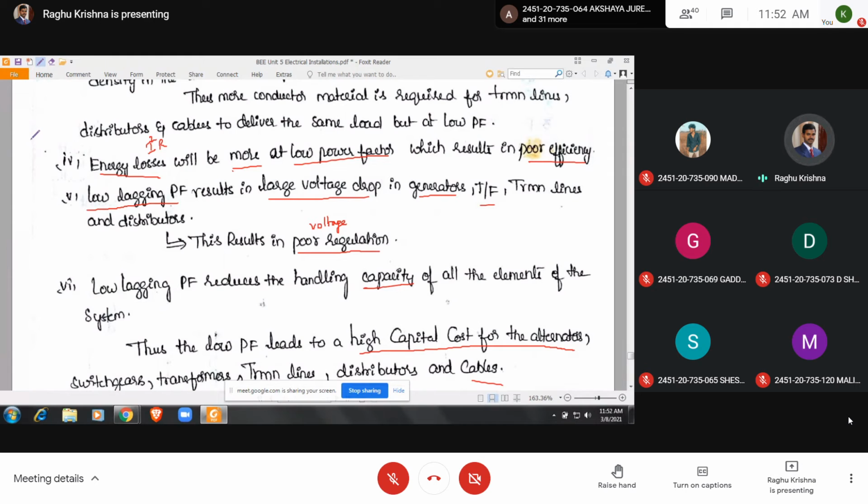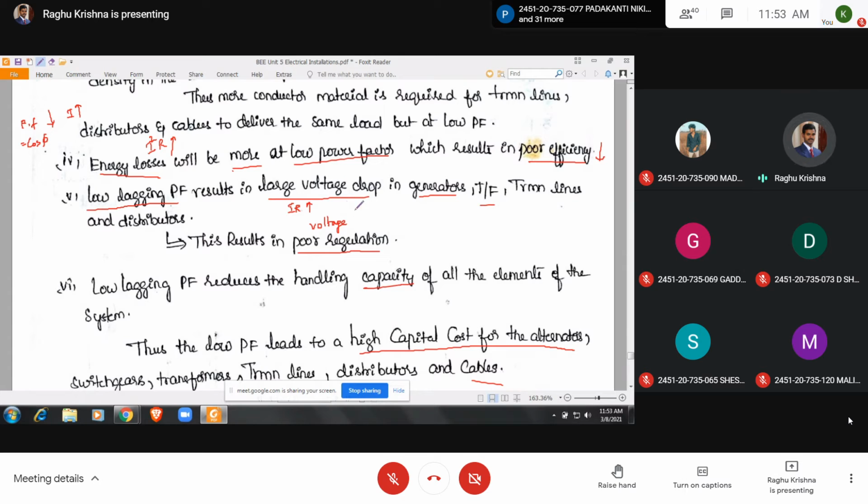Power factor is equal to cos phi. So if power factor reduces, current increases. If current increases, losses increase, and also voltage drop increases, IR. If losses increase, efficiency reduces. It also increases the voltage drop.